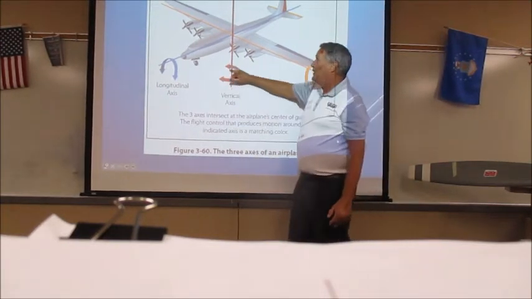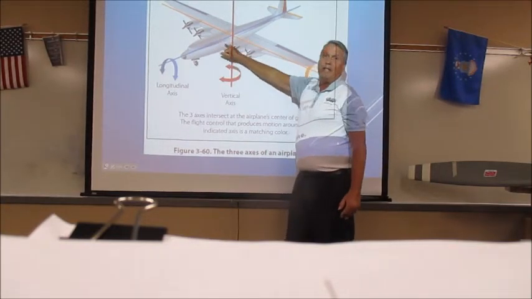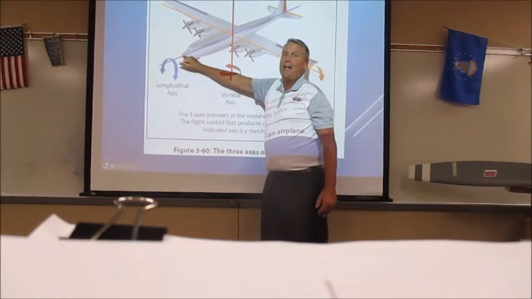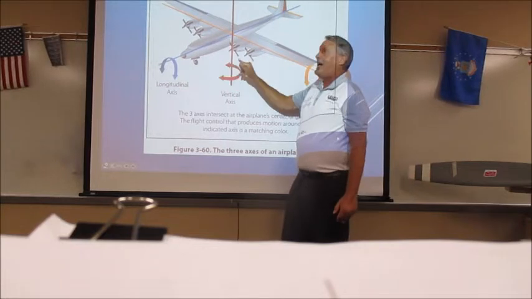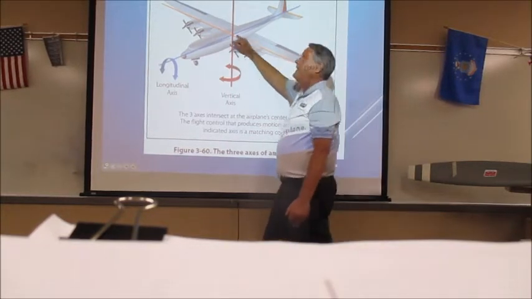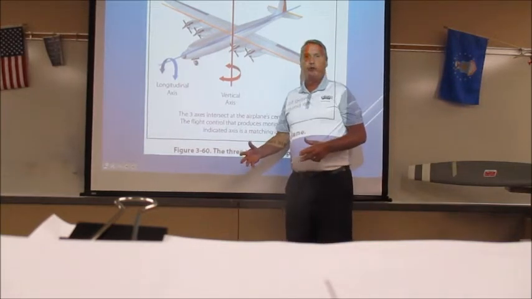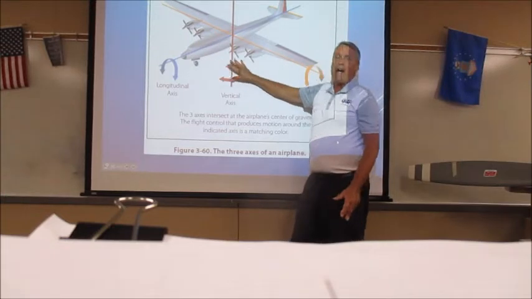So vertical comes straight up from the bottom to the top, and they all intersect at the center of gravity. My longitudinal axis goes from the nose to the tail, and my lateral axis goes from wingtip to wingtip. So the three primary flight controls control my flight along these axes.